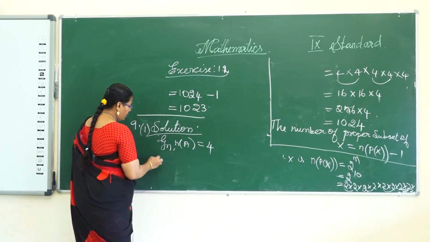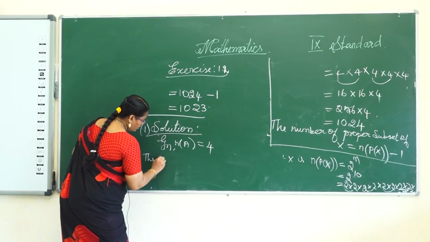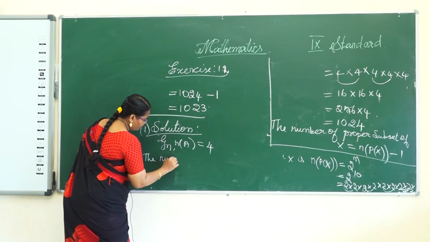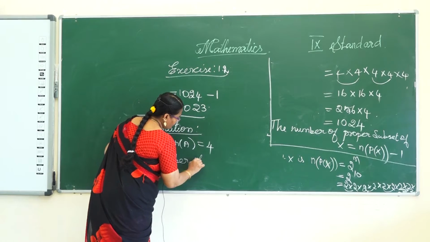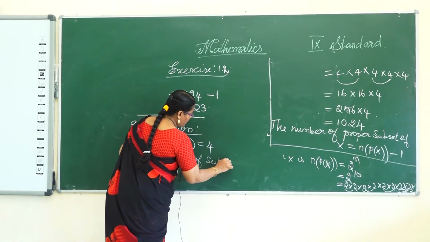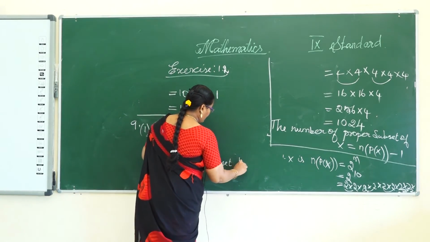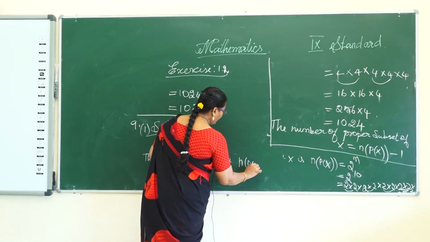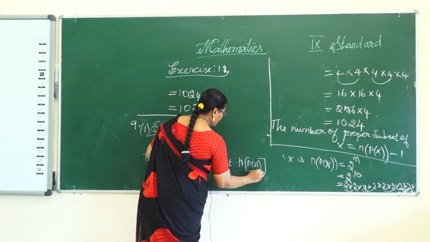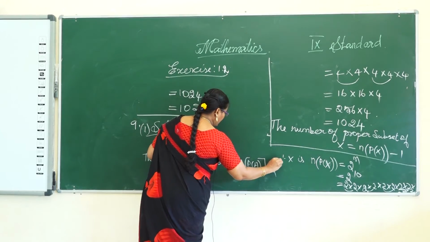What is the formula for the number of subsets? n of P of A is equal to 2 power m.